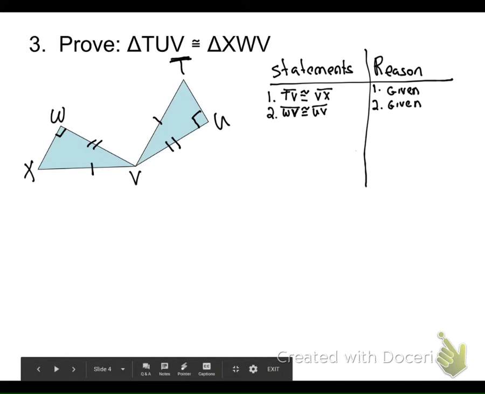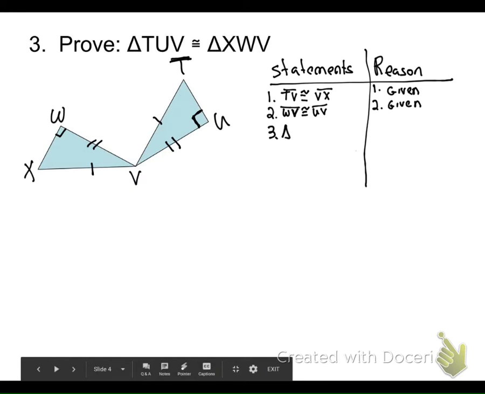given next to it. Your next step is to now make some sort of statement regarding the triangle. So right now we know 2 sides that are congruent. But we know something else based on these little boxes in my triangle. What do we know about these triangles? Yeah, Cam? They're right angles. Yeah, they're right angles.